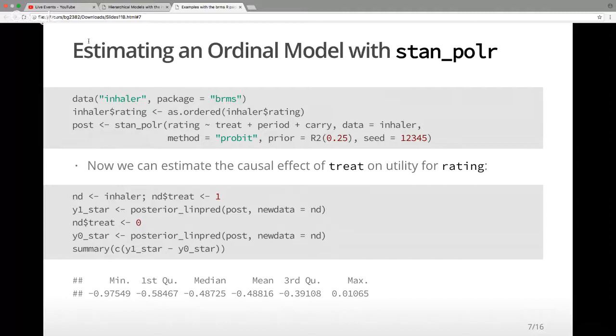They're not ratio scale. They're not interval scale. They're just ordinal scale. And so if you say, okay, I'm giving this inhaler 2 stars, that is not, in a meaningful mathematical sense, twice as good as having 1 star or half as good as having 4 stars or anything like that.